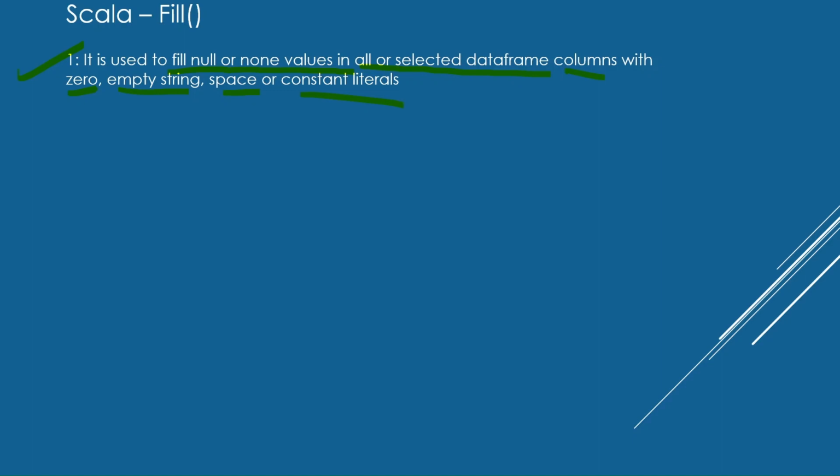Suppose we have a data frame with multiple columns having multiple null values. If you want to fill the null values with zero, empty string, space or constant literals, then with the help of this fill function, we can fill those null values present in the columns of our data frame.